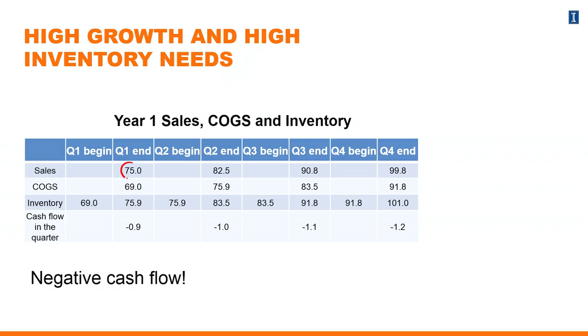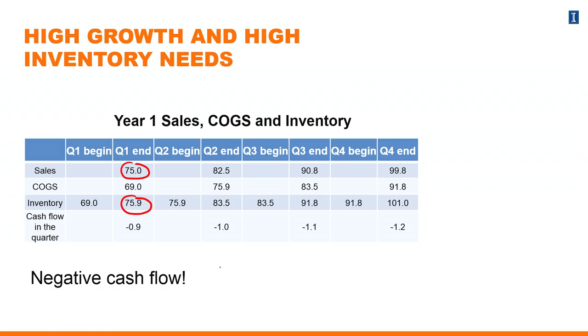So at the end of quarter one, you're selling 75, but you have to buy the goods that you're going to sell next quarter. Because your growth rate is so high, the amount of inventory that PSI has to buy every quarter end is actually larger than the amount that you're selling in that period.